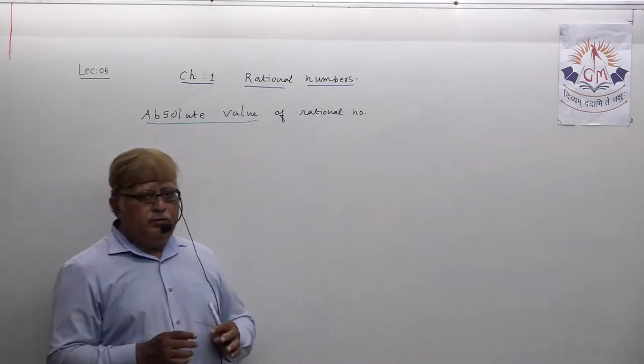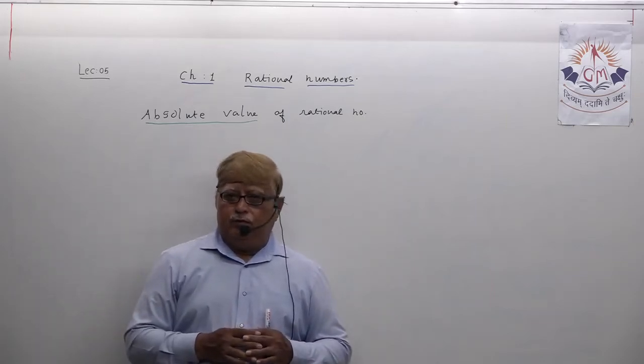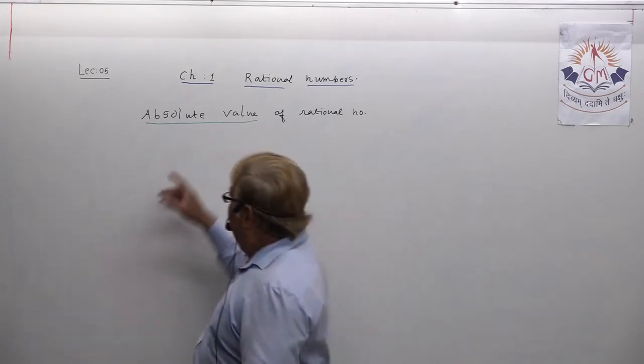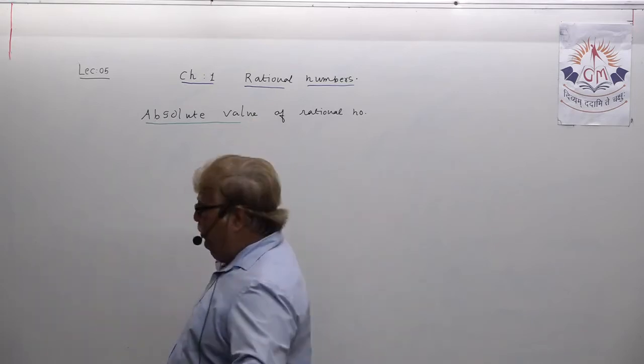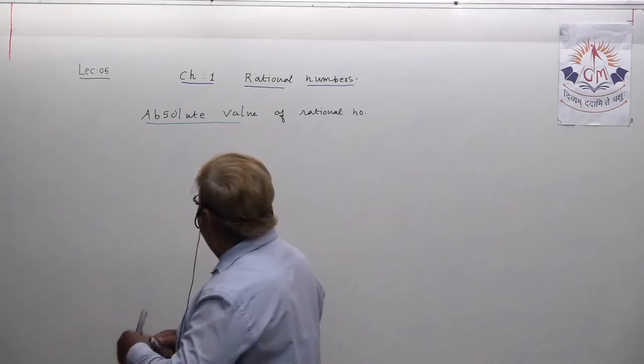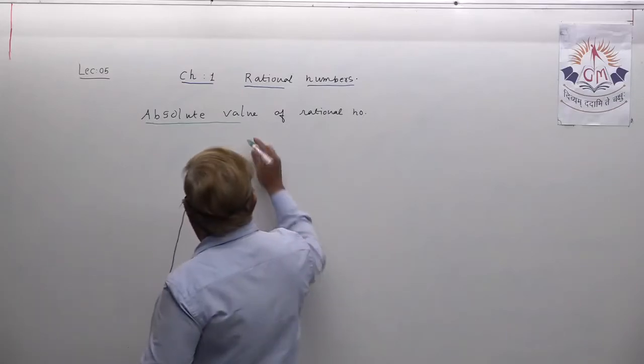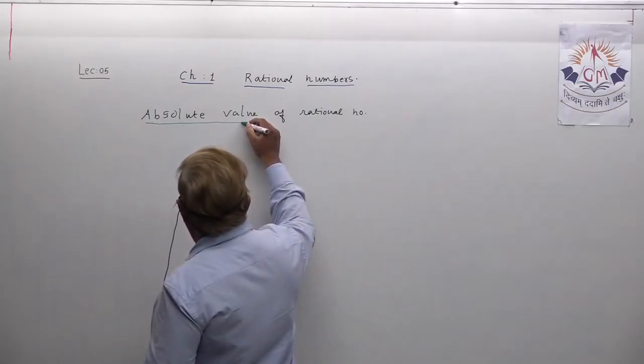How can I find absolute value of any rational number? First, you understood the meaning of absolute value. What is the meaning of absolute value? Just try to understand. Absolute value means you will not think of what sign of rational number is.